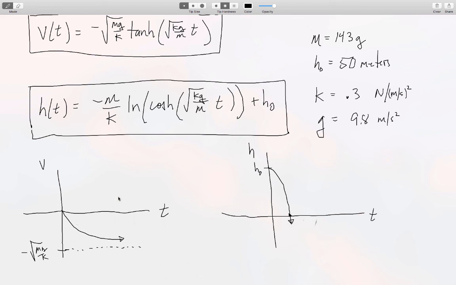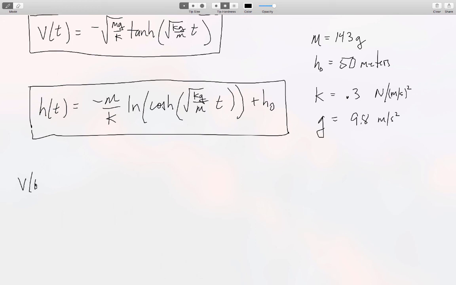And if we plug those into these two formulas, what do we get? Well, first for the velocity, it's negative square root, the m is 143, g is 9.8, positive, I've got the negative in the formula, over the k, that's 0.3, hyperbolic tangent, that's my velocity function, square root, now I've got k, 0.3, times g, 9.8, over m, which is 143 grams.